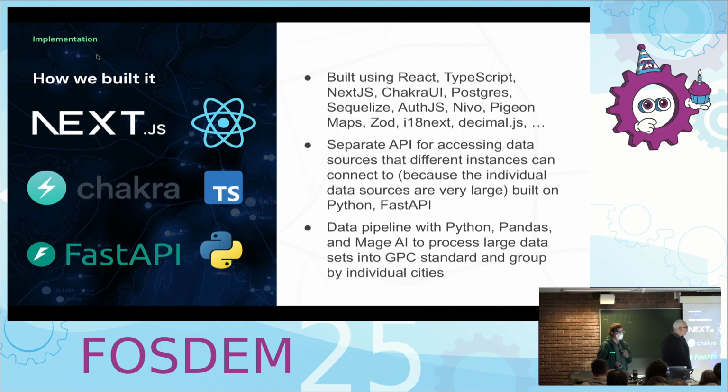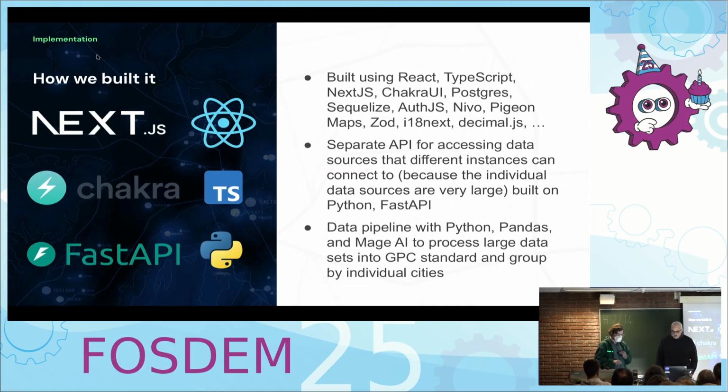Also, we're using Auth.js to make the authentication easier and standardized. And then smaller libraries like Nivo for charts, Pigeon Maps for the city map, Zod for validation, i18next for internationalization, because this is already available in 3 different languages. And in the backend, Decimal.js in order to have precise calculations.